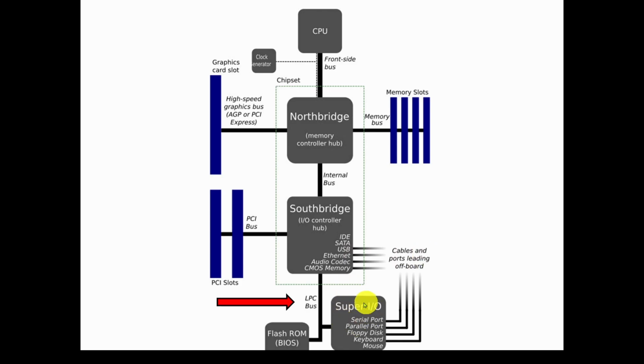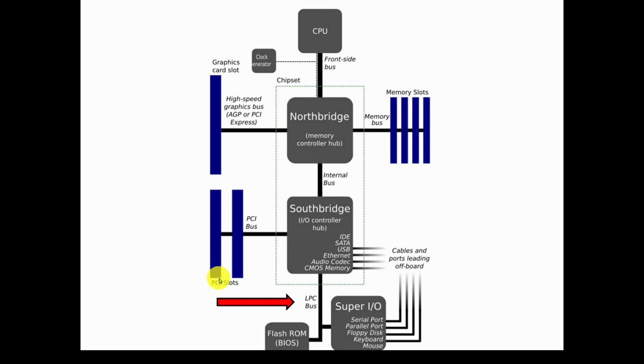But down here you've got the Super I/O that has serial port, parallel port, floppy disk, keyboard, and mouse with cables going off the board. And here it shows, yes, it goes LPC bus. Super I/O goes to the south bridge via an LPC bus.